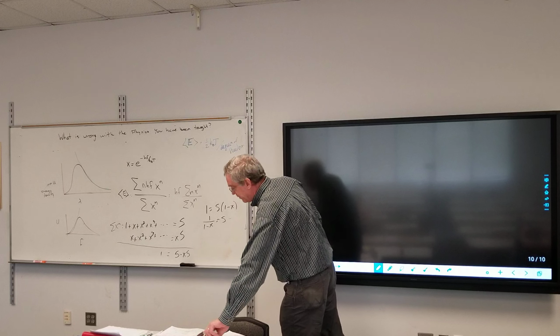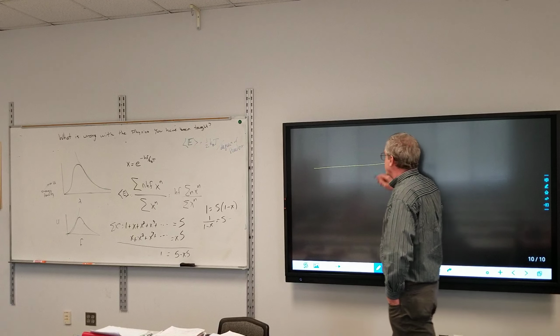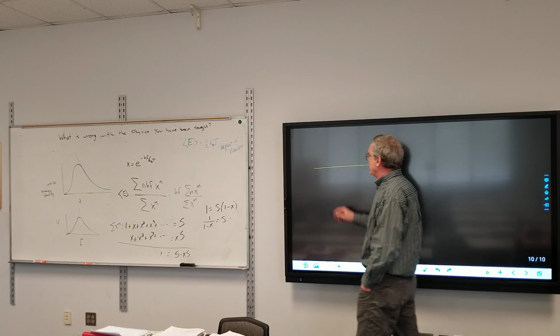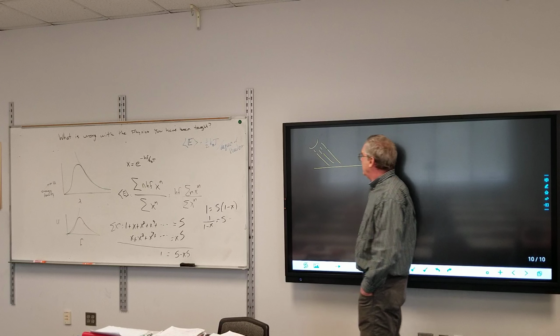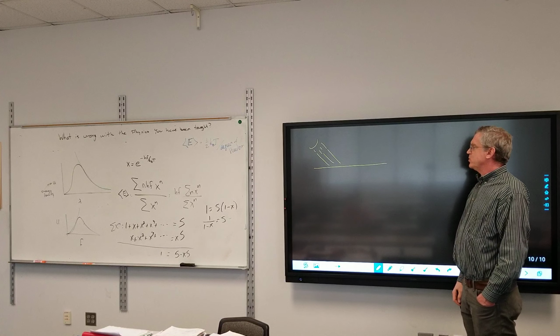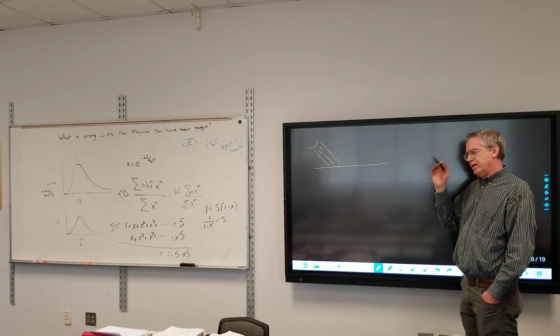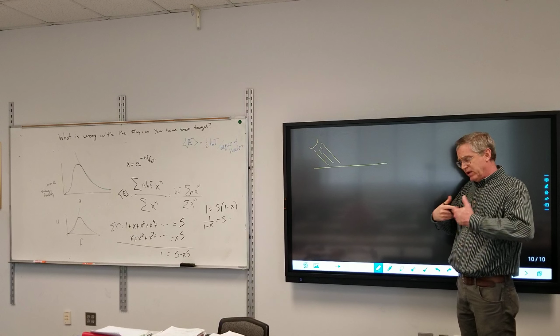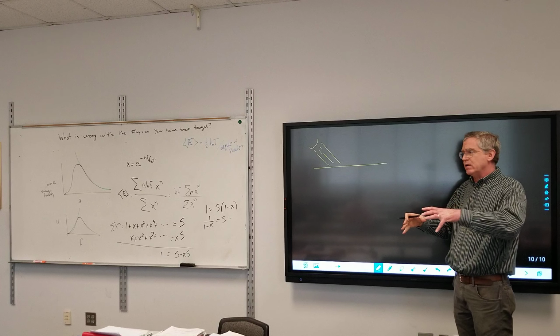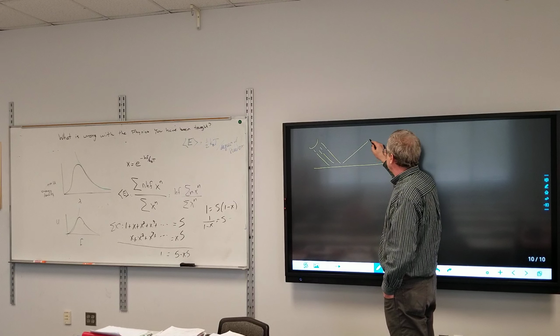All right, photoelectric effect. If I take some sort of surface, like a metal, and I shine a light on it, it'll give energy to the electrons that are there, and the electrons will go shooting off.